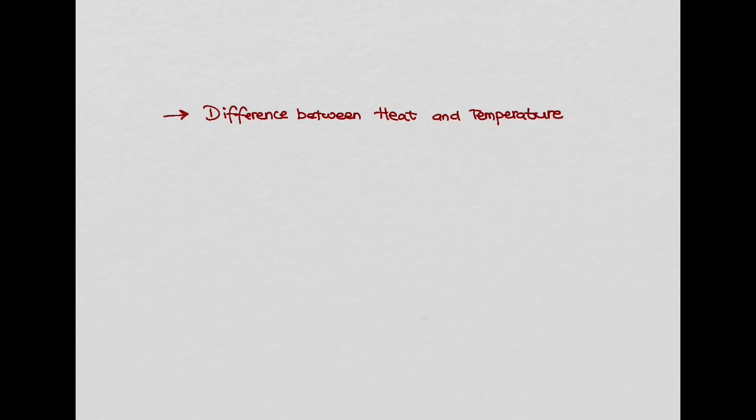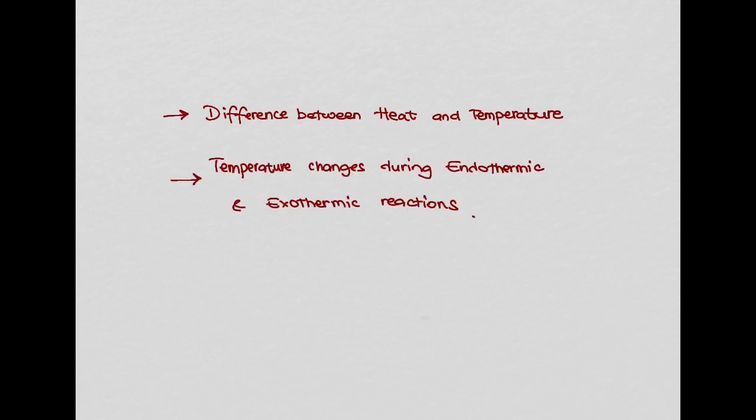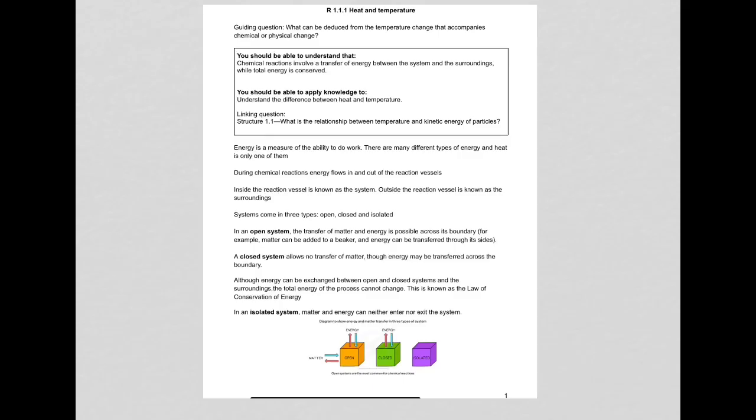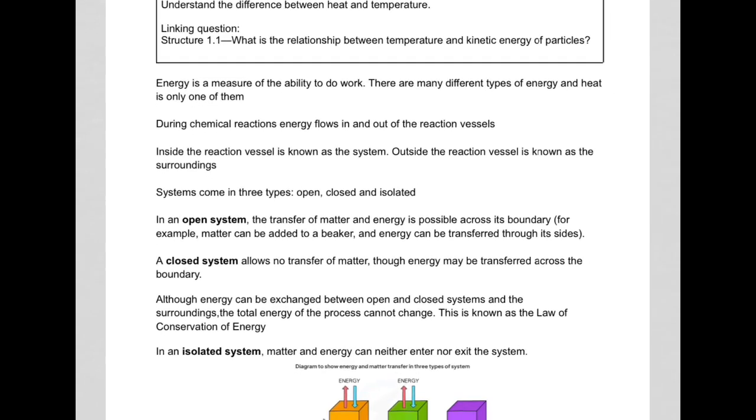Hi everyone, so in this video we're going to be looking at the differences between heat and temperature and the temperature changes that occur during endothermic and exothermic reactions. Now when we look at heat, it is one form of energy, and during chemical reactions energy flows in and out of reacting vessels.